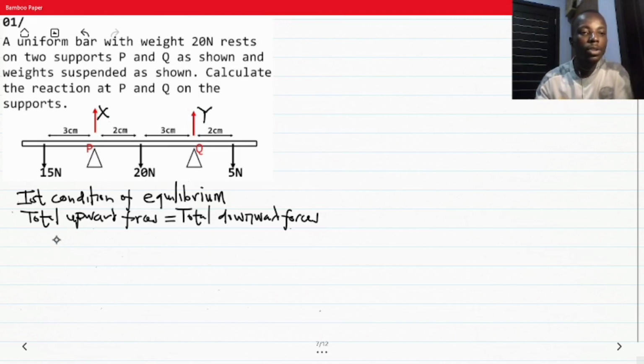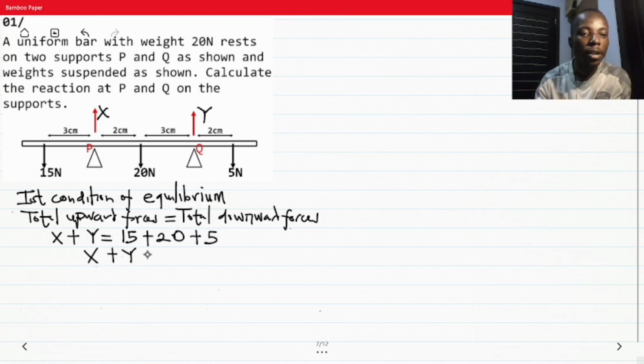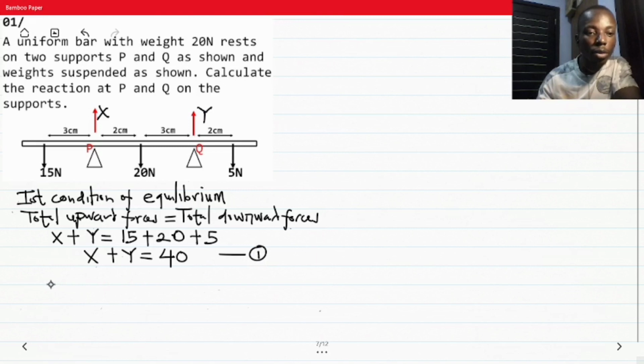So according to this condition, x plus y is equal to 15 plus 20 plus 5, and that's x plus y equals 40. So that's the first condition of equilibrium. I can label this as my equation 1.